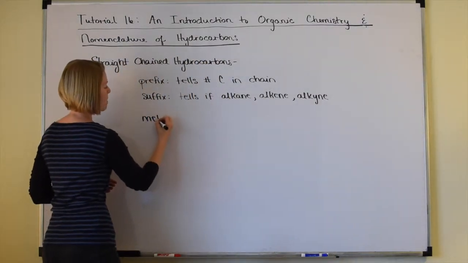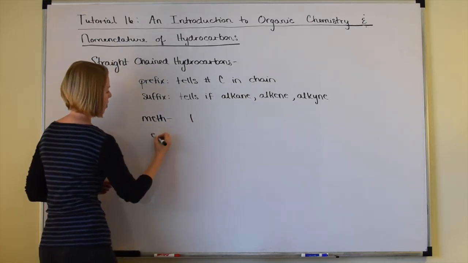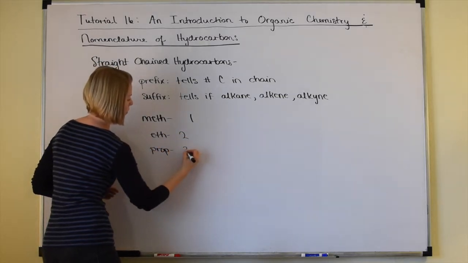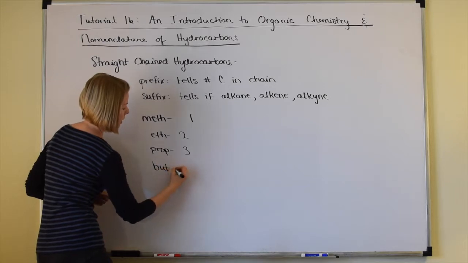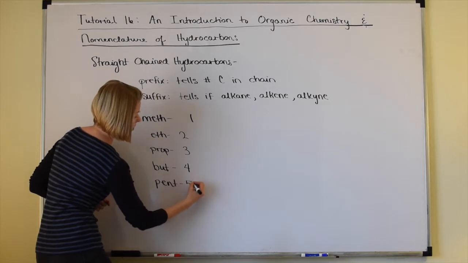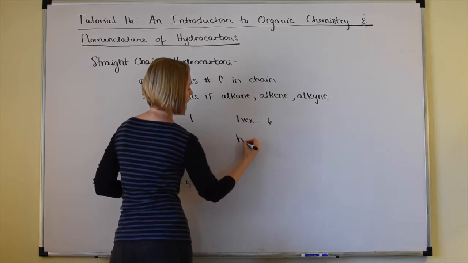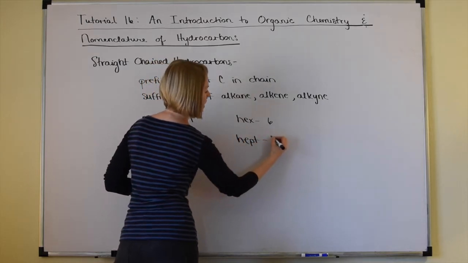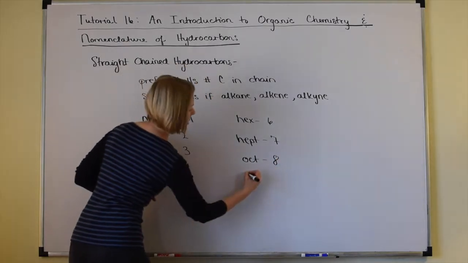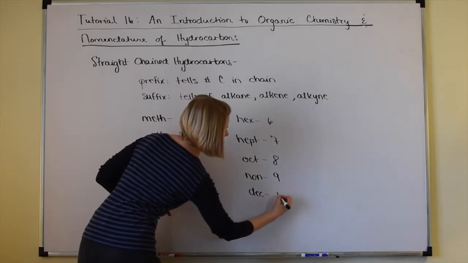The prefix meth tells you 1 carbon. Eth is 2, prop is 3, but is 4, pent is 5, hex is 6, hept is 7, oct is 8, non is 9, and dec is 10.